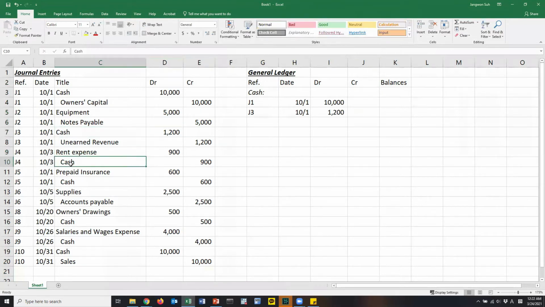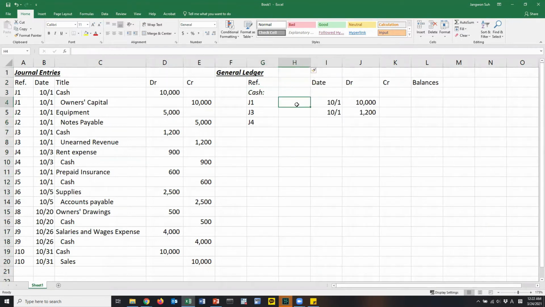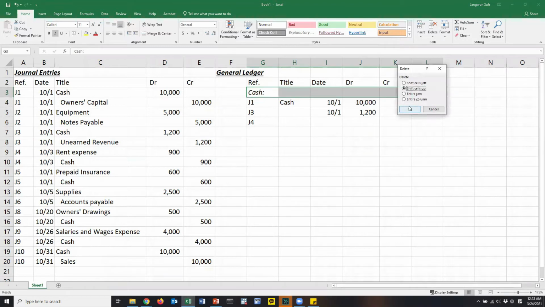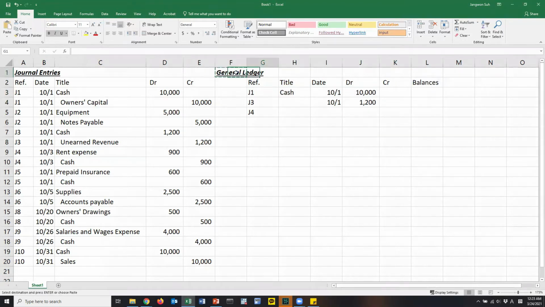What else? We have here J4. I don't like the format much. Maybe I should add one more line here.